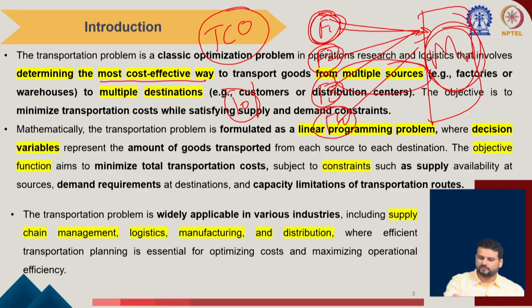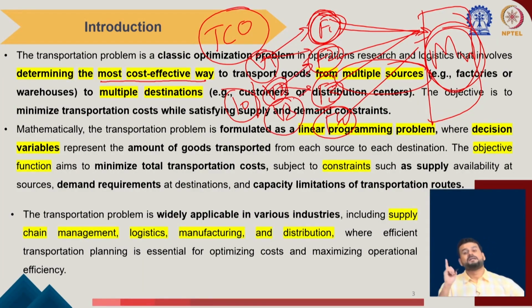It is not only the factory; if we include vendors also, the same algorithm can be applied for the vendors, that vendor 1 is serving factory 1 and factory 2, vendor 2 is serving factory 2 and factory 3, then also we can apply the transportation problem.